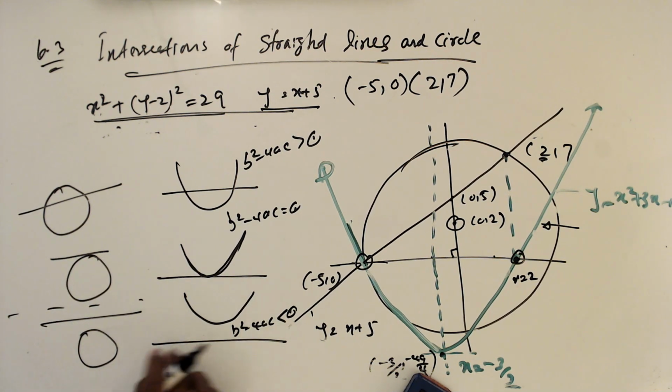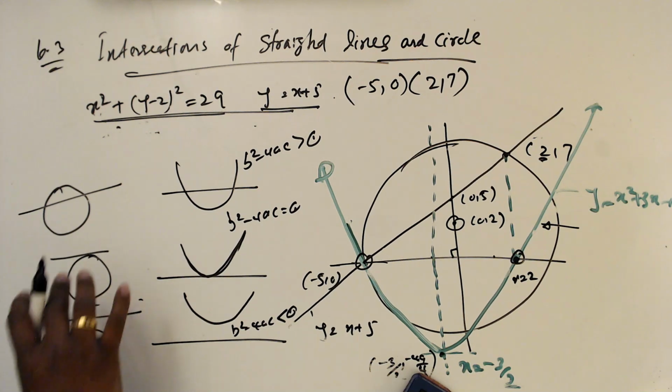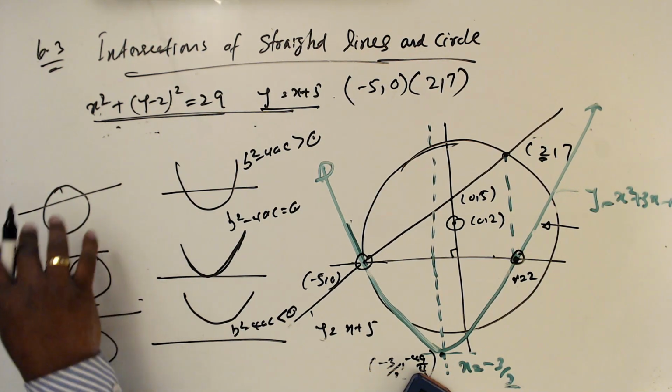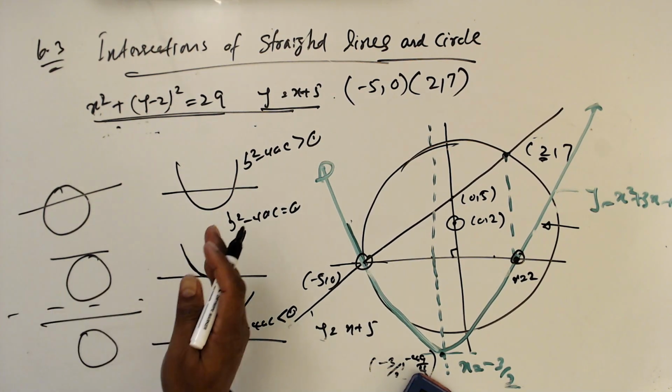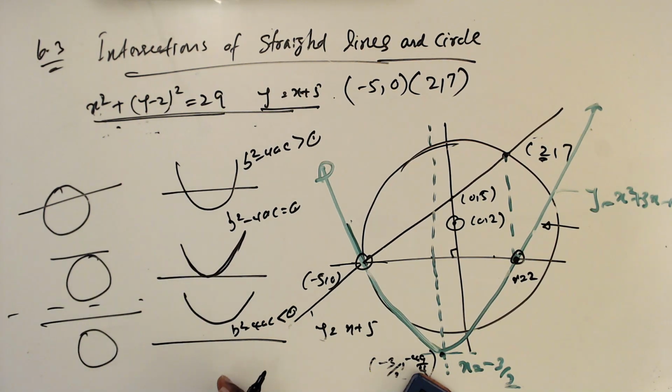And no roots mean no intersection. In other words, you want to see whether intersection points exist or not with the line and the circle, but we will check by looking at the quadratic equation.